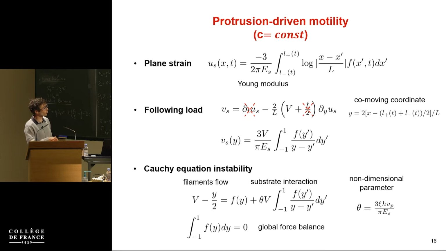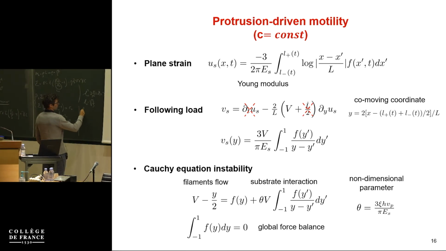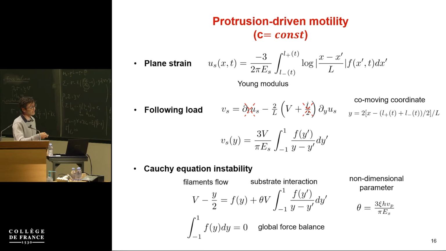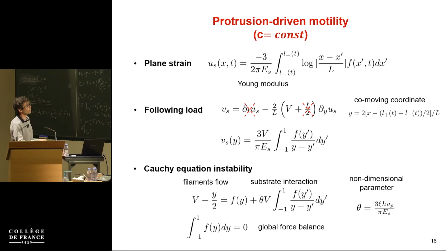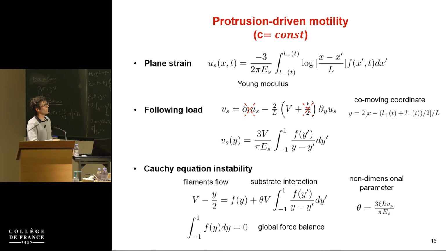And then, of course, you can combine this expression. So here, the traction force expression I recall was friction times the relative velocity. We know that the relative velocity depends on the traction force according to this integral equation here, and we can couple the two to get a Cauchy type equation.